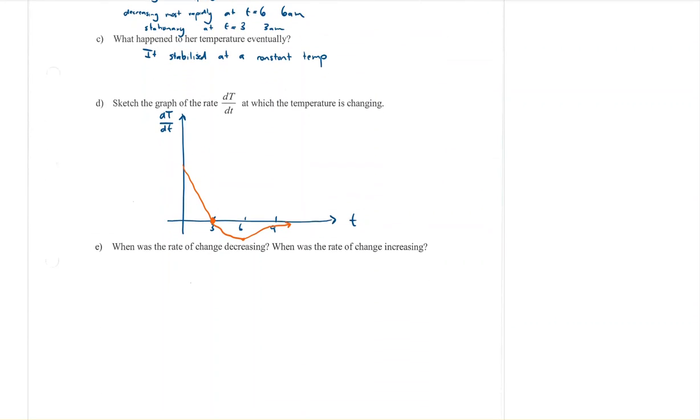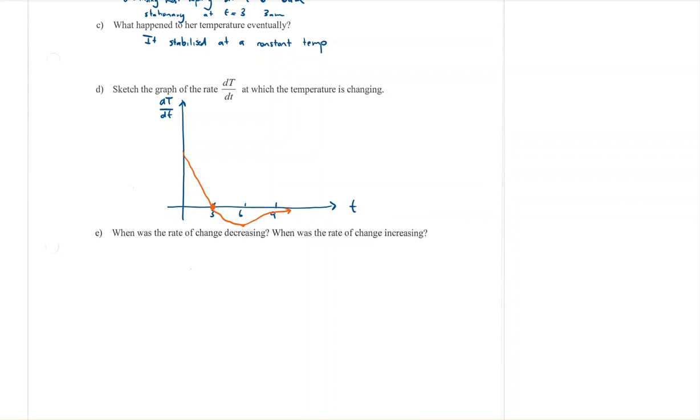So the last part, Tori, you're right. When was the rate of change decreasing? This graph is the rate of change, right? It is decreasing from time 0, coming all the way down to 6. Once it gets to 6, it starts increasing again.